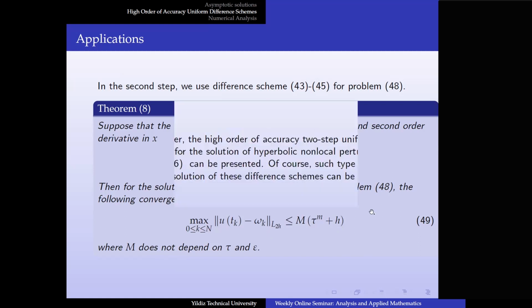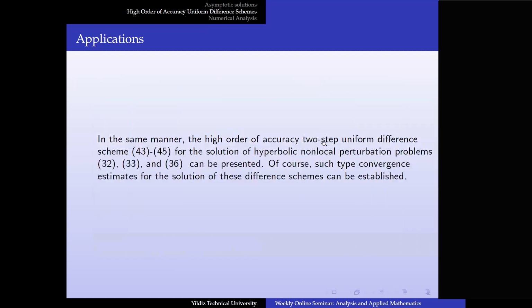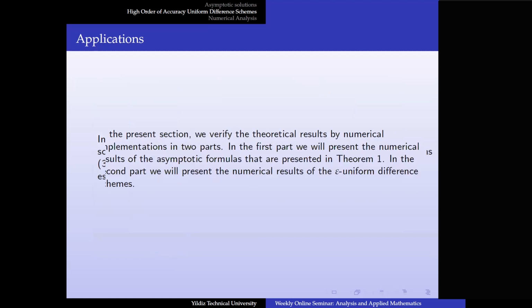And in the same manner, the high order of accuracy two-step uniform difference scheme for the solution of hyperbolic perturbation problems can be presented. Of course, such type of convergence estimates for the solution of these difference schemes can be established.